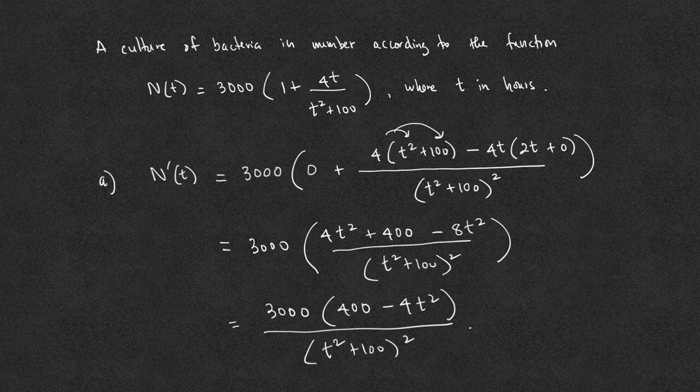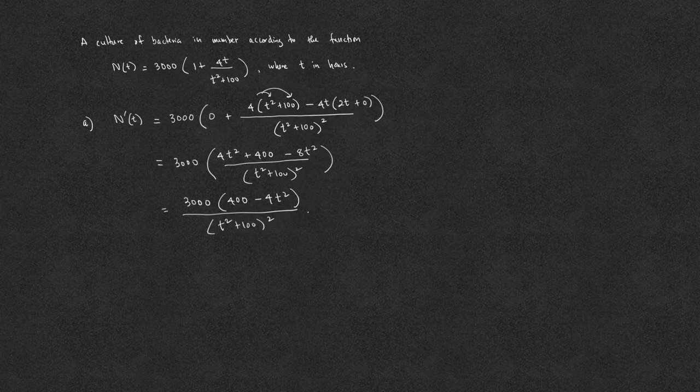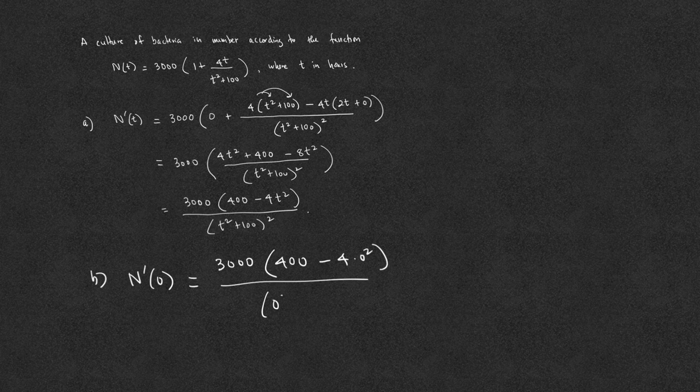Find N prime of 0. We have the derivative N prime. To evaluate N prime of 0, we simply plug 0 in where t is: 3000 times 400 minus 4 times 0 squared over 0 squared plus 100 squared.